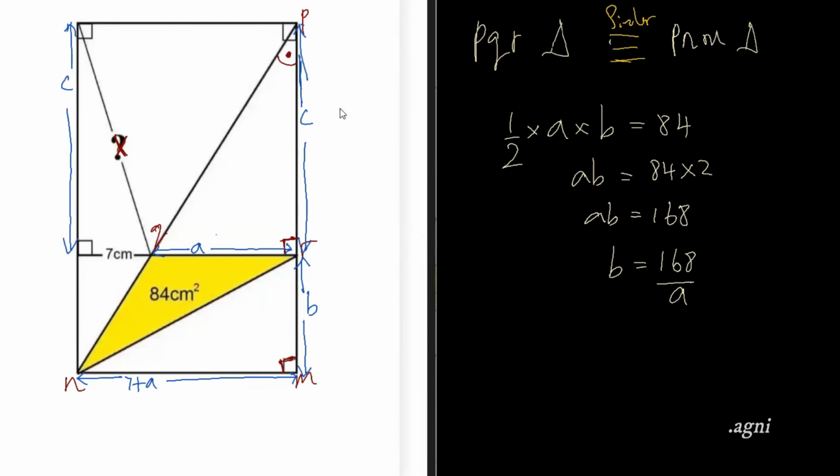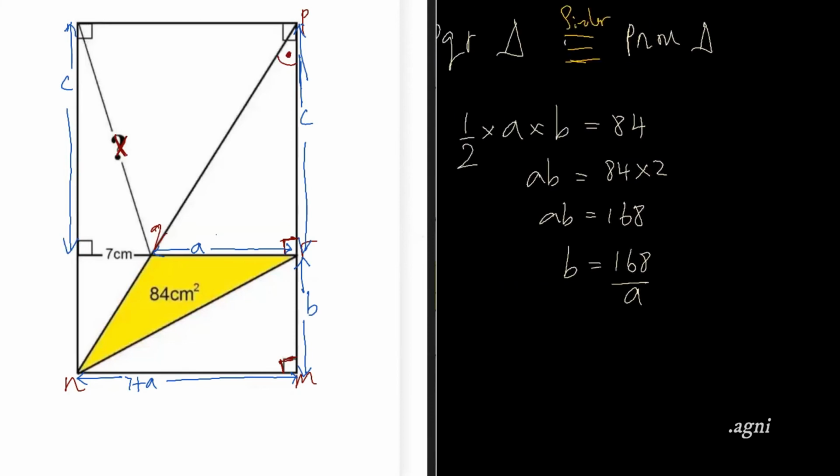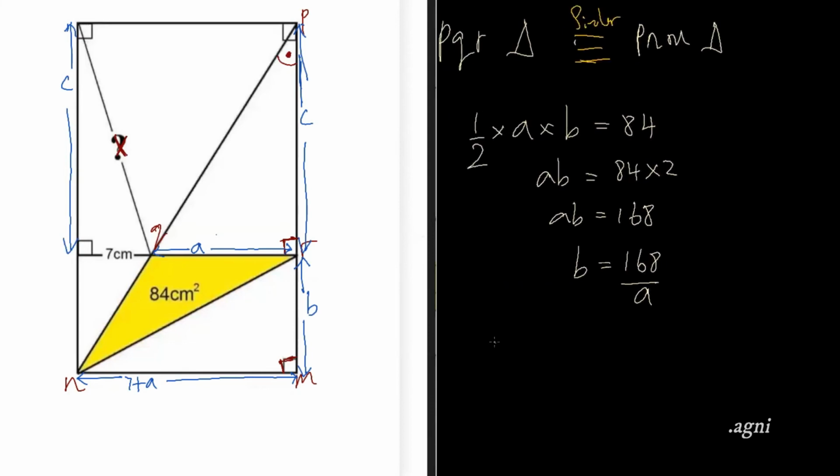Because we know triangle PQR and triangle PNM are similar triangles, I'm going to apply the proportionality between them. Consider triangle PNM, the bigger triangle. If you consider the C plus B length, the whole PM, let me go with the letters. PM length to PR, they are proportional.